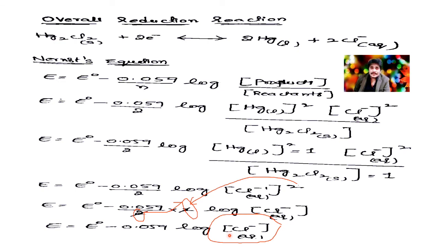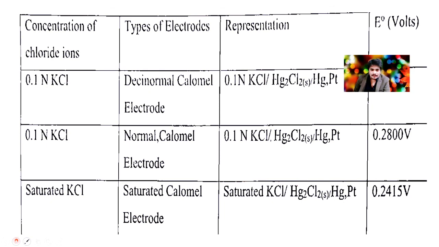Now we are going to discuss those 3 types of calomel electrodes.